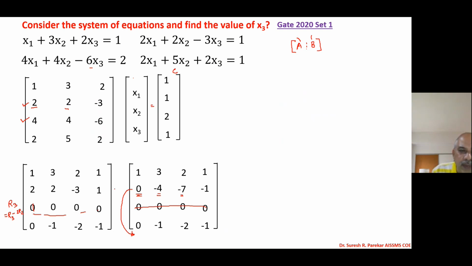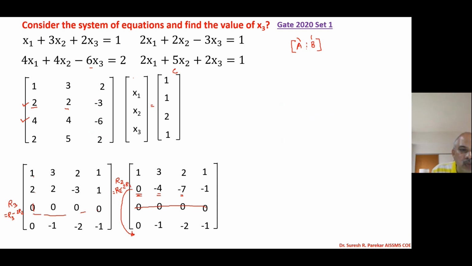So now here I have made R2 equal to R2 minus 2R1.